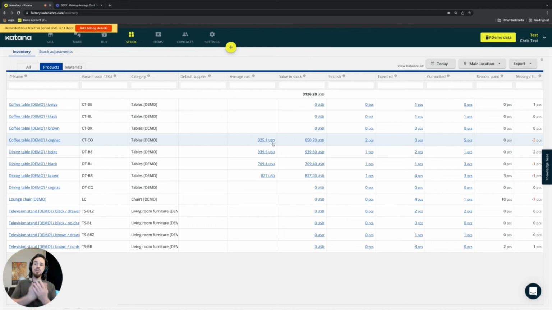So actually what has happened is that particular item has become more expensive to produce as a result of mistakes or overconsumption of materials in our manufacturing processes.